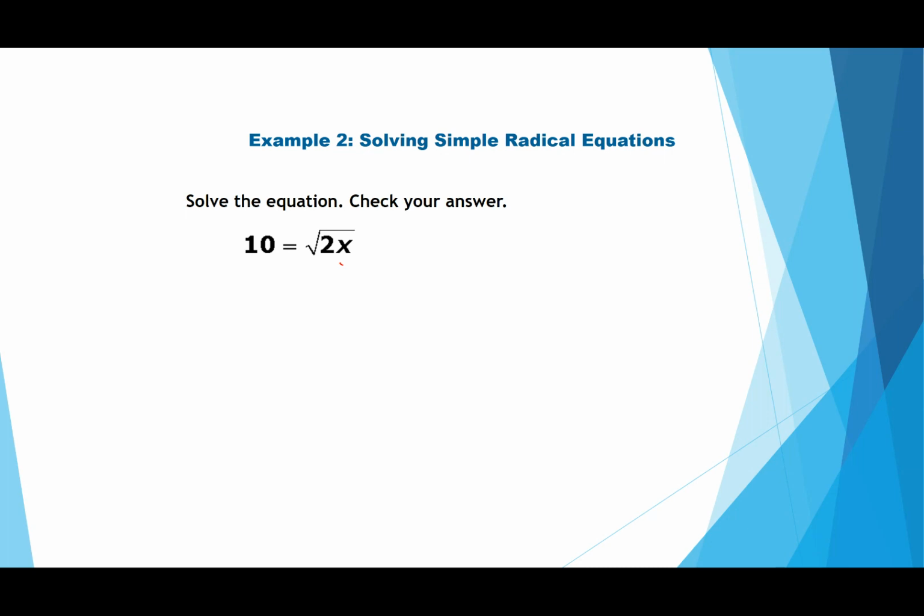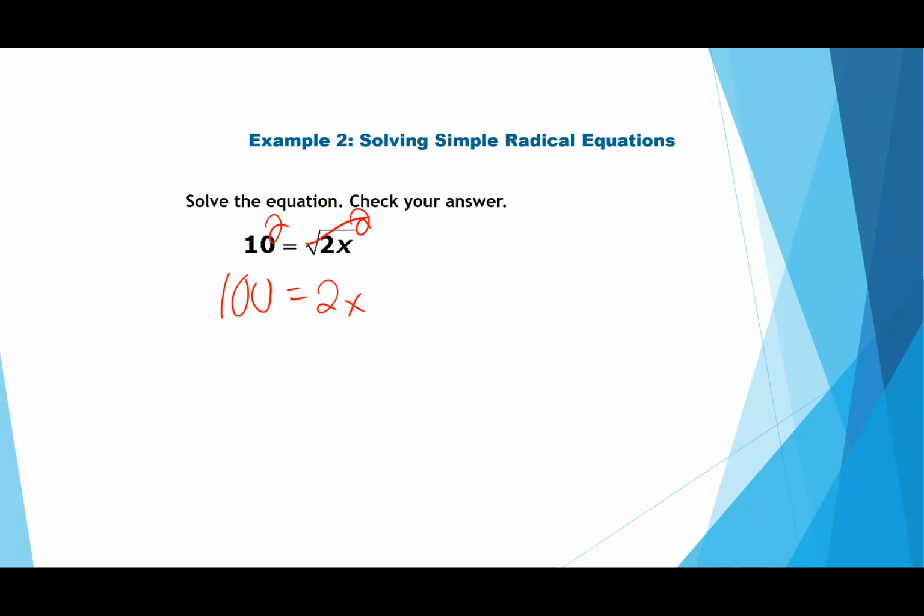You cannot divide by 2 because that 2 is still inside the square root. You can't do anything with that 2x until that radical has been lifted. So our first priority is to square both sides so that square root will disappear. Now 10 squared leaves 100 on the left, and squaring the square root just gets rid of it, so we have 2x on the right.